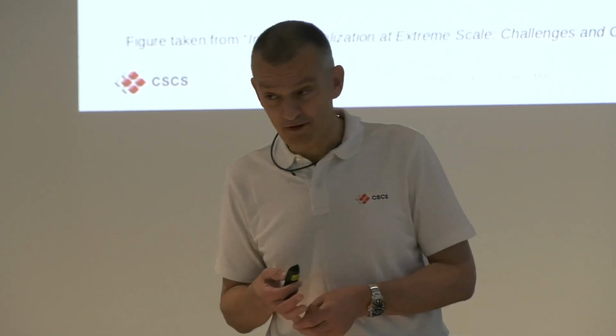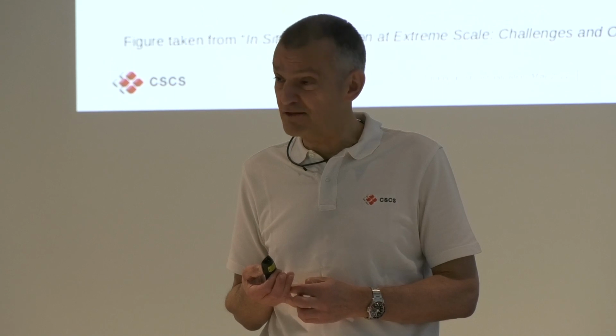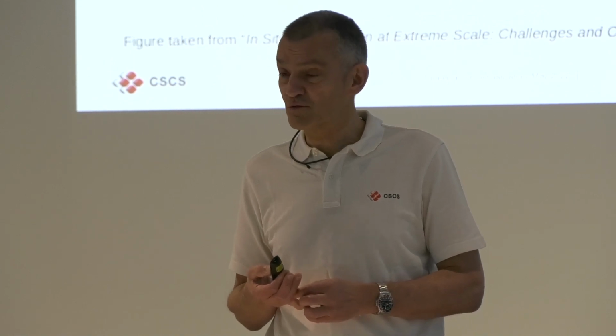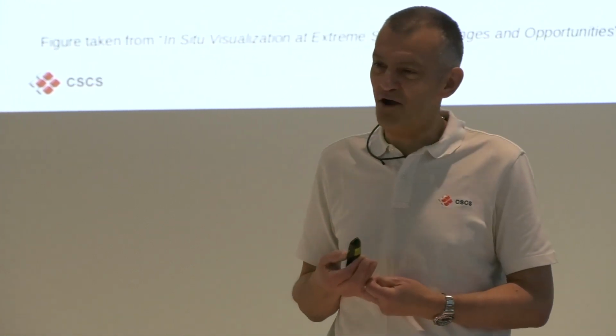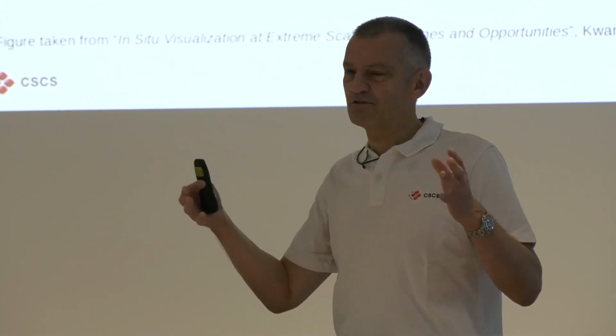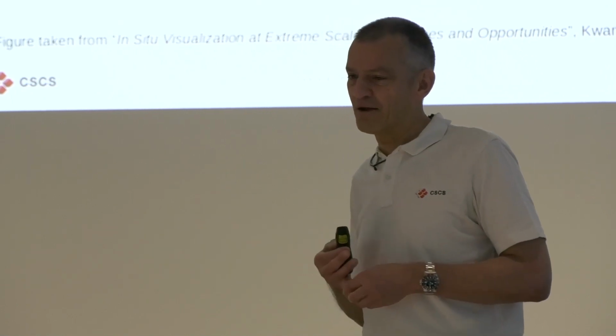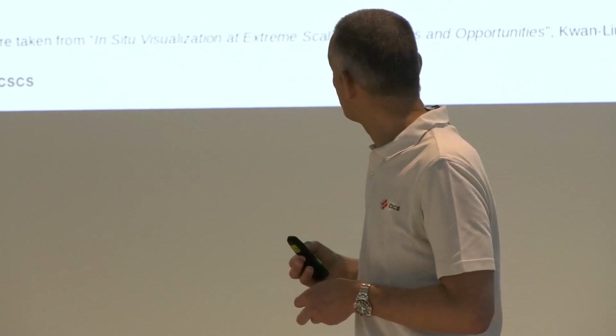But for example, the climate community, the people doing weather forecasting, are used to dumping tens and tens and tens of different variables. So the data explosion is becoming a bottleneck very soon.